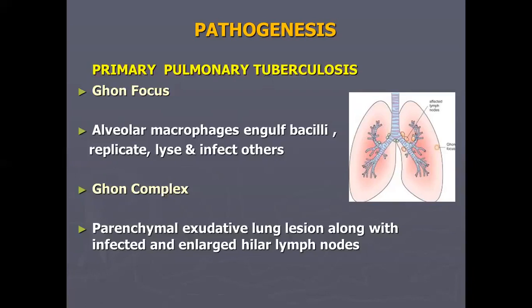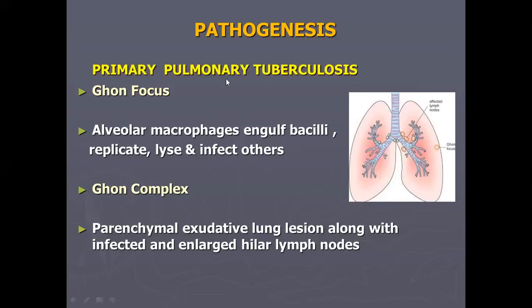Now let's stay here and see for some time. What happens with the Ghon complex? Once after the entrance of the organism, the bacilli establish the infection and form the Ghon focus, which usually occurs at the lower lobe. Now, there are 2-3 possibilities at this stage.